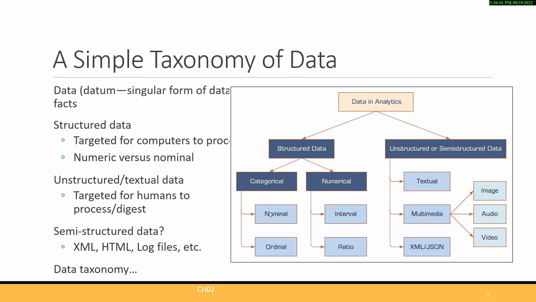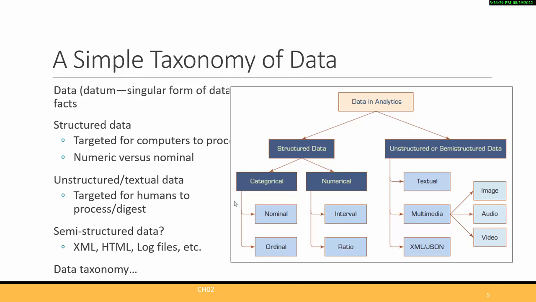For example, names of the states. If you say North Carolina is one state, then we have other states. Other examples include gender, relationship status, ethnicity, degree majors. We can't say if a CIS major is better than an arts major or any other major. So that's nominal data. Then we get to ordinal data.